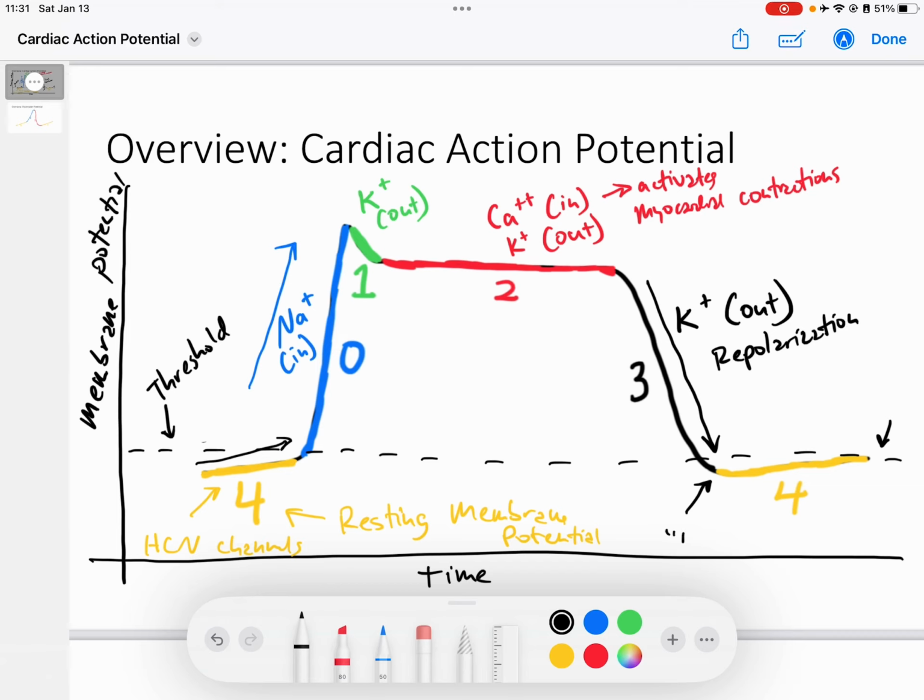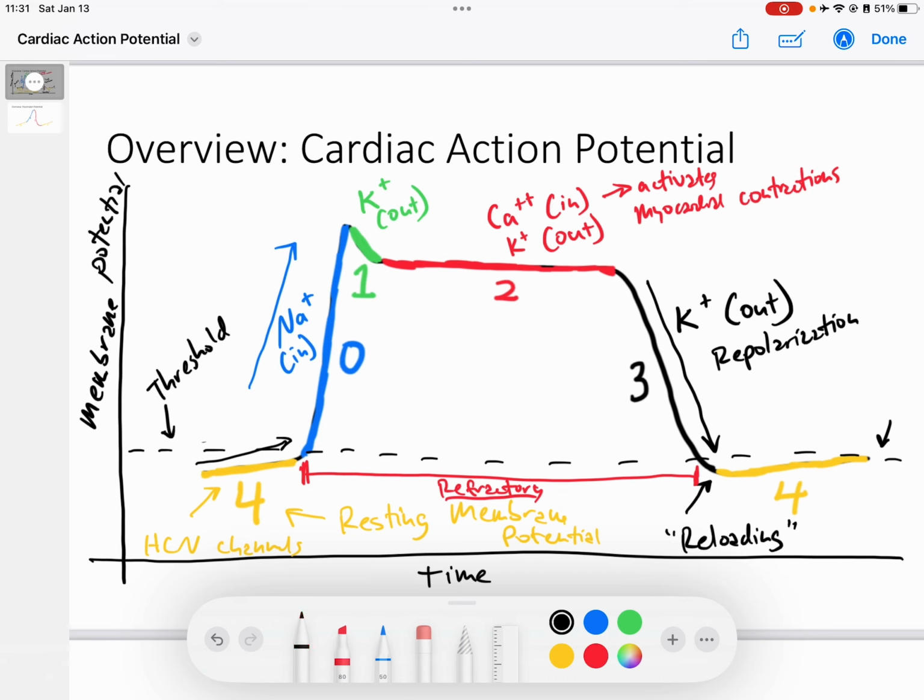So we are right here, we are reloading because we are unable to initiate another action potential in between any of this time. This is our time that we are refractory, which really means that we are refractory to depolarizing again. We must reload in order to fire off an action potential.